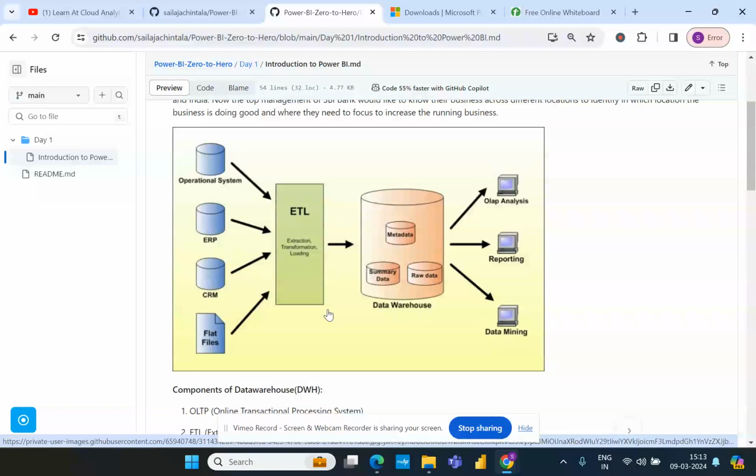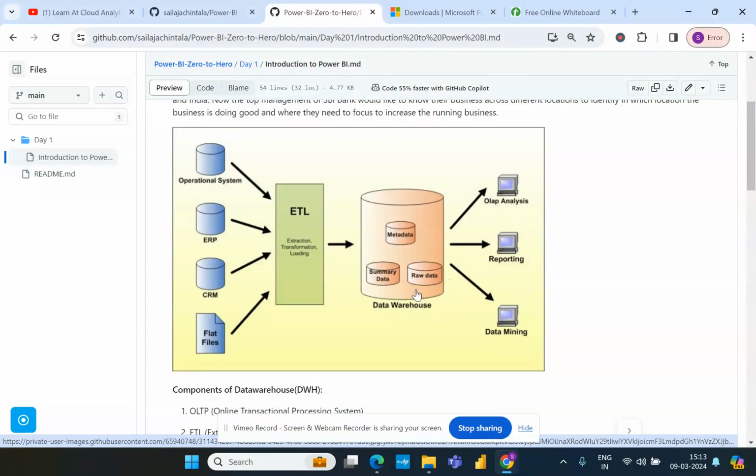Once the transformation is completed, we have to load that transformed information into a bigger container, where it can be held for a longer duration and accessed by the business analysts or the BI developers in the organization to make informed decisions on top of that, right?